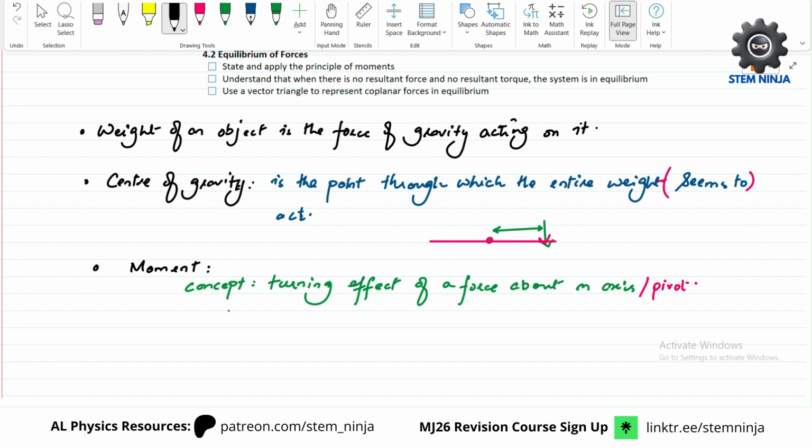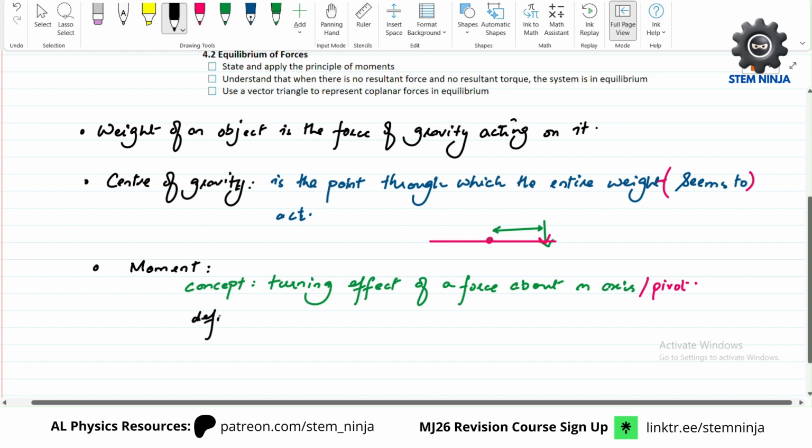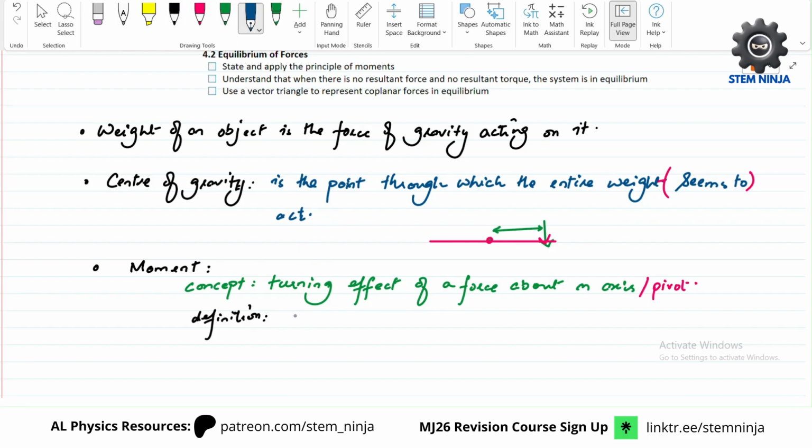Right. Now the definition itself. We are already familiar with this from IGCSE and O levels, but it is a good thing to go over.